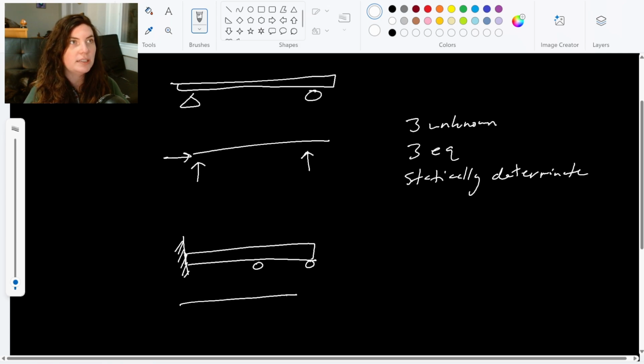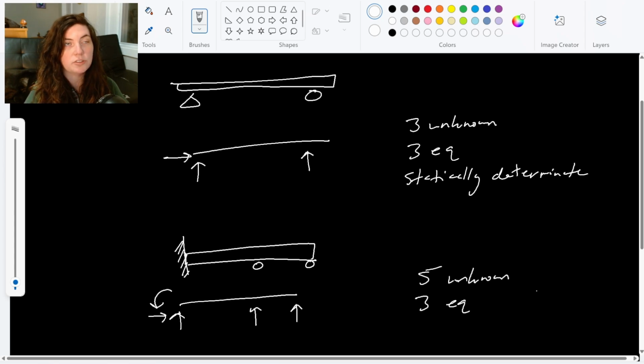So in our free body diagram, a fixed one would have a moment at one end, an X force and a Y force, and then each roller would create another Y force. So we would have 5 unknowns here, but still only the 3 equilibrium equations to work with. So we would call this statically indeterminate.